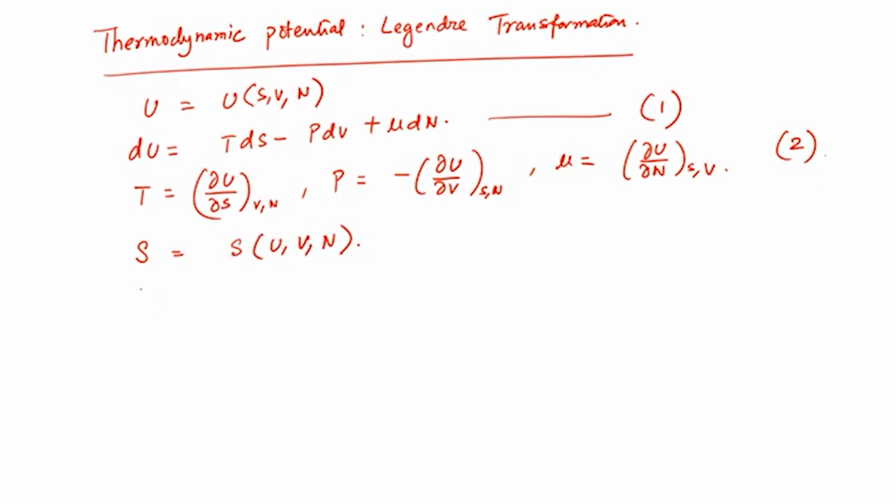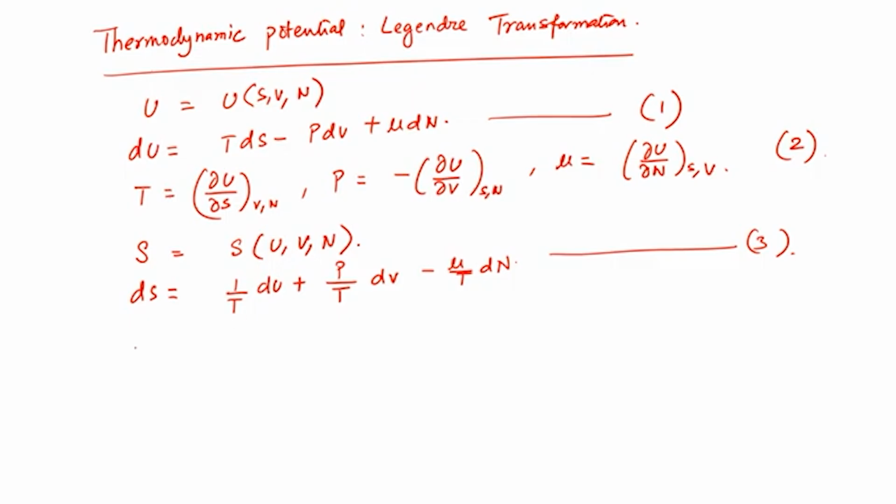So, we can write down S as a function of U, V and N, and use S as a thermodynamic potential. This will give us dS is equal to again 1 over T dU plus P over T dV minus mu over T dN, and these are the quantities that you get. Let us call it equation 3. And if you again open it, write dS equal to del S del U at constant V, N into dU, and so on and so forth.